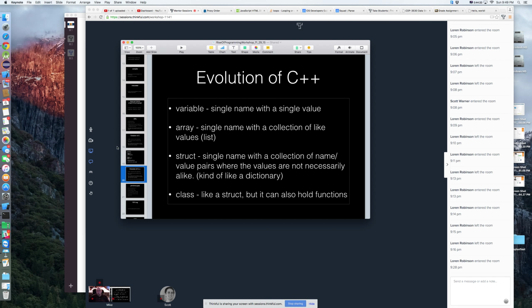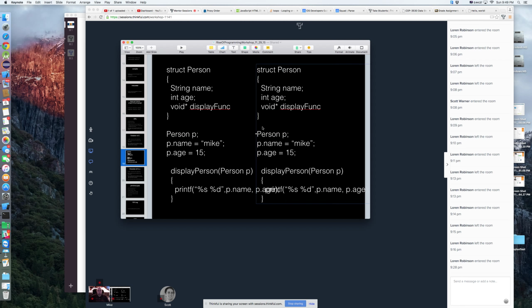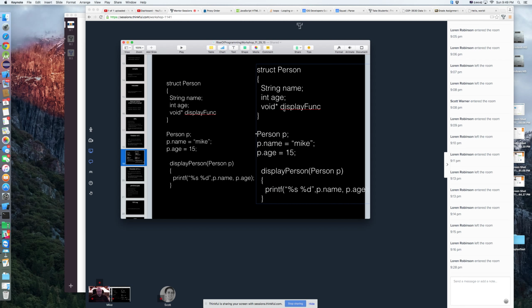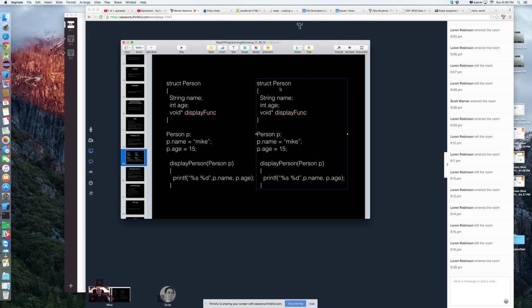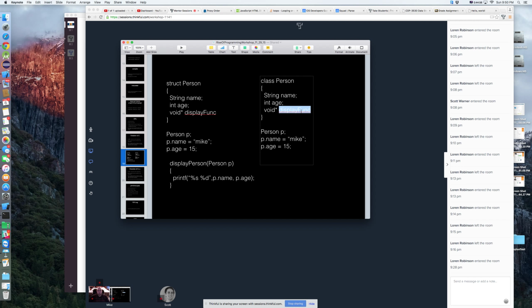All right, so now what we can do is we go back to this slide and we switch this struct over to a class. I'll just shrink this down as well. So now I can say class person. Whoa, that was a couple of keys off there. And then we can take this function and we can suck it into the class itself.